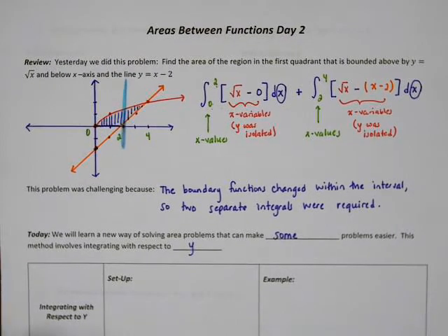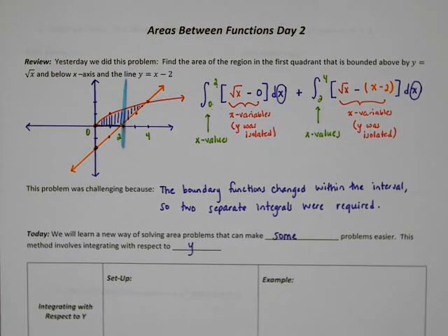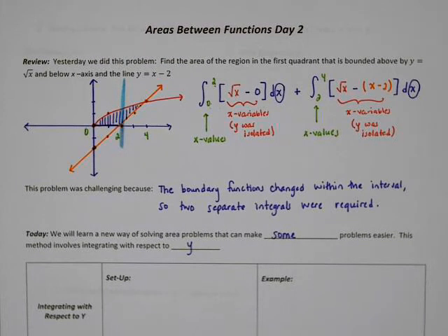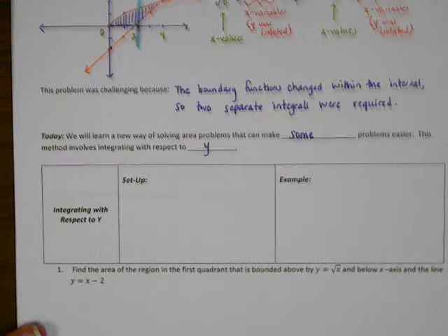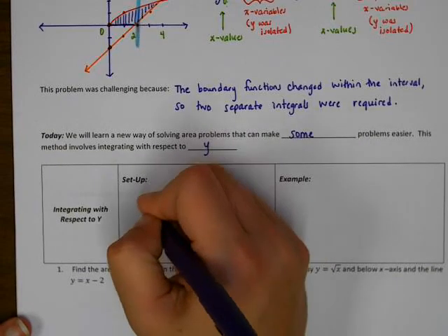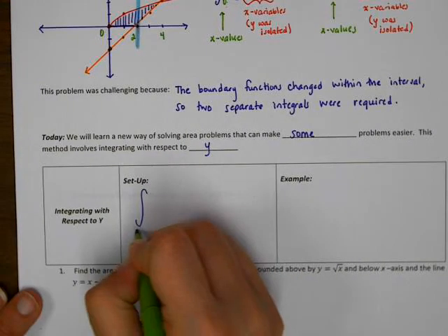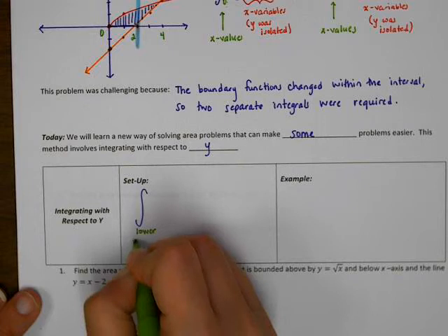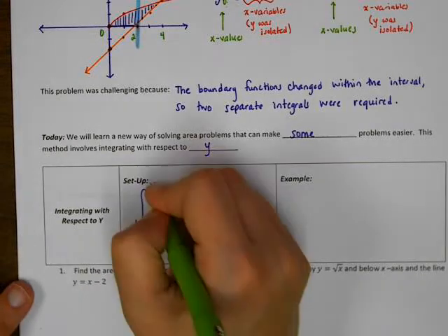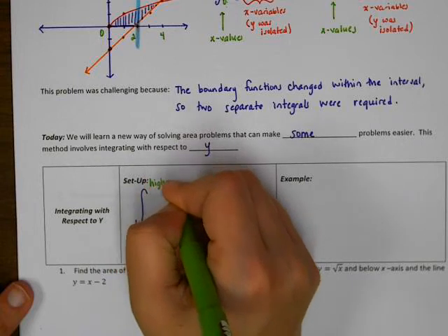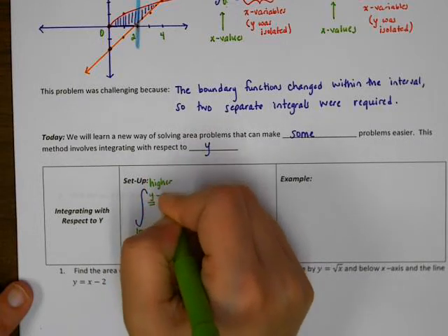When we start to think about things in terms of y, everything that we used to use x variables for, are now going to be things that we use y variables for. So when we set up these integrals, we're going to set them up as the integral from the lower y value, not x anymore, to the higher y value.